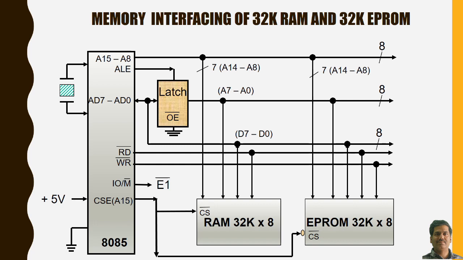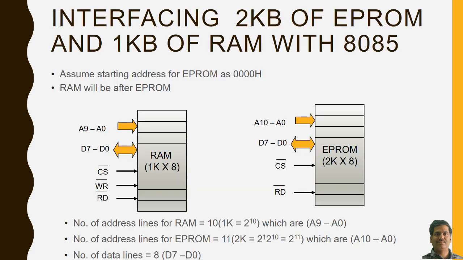The bubble is shown in front of CS bar of EEPROM in order to make that 1 to 0, that is nothing but a NOT gate, and in this way the memory interfacing of 32K RAM and 32K EEPROM can be materialized. Let us interface 2 KB of EEPROM and 1 KB of RAM with 8085. Assume the starting address for EEPROM is 0000H and RAM will be after EEPROM.